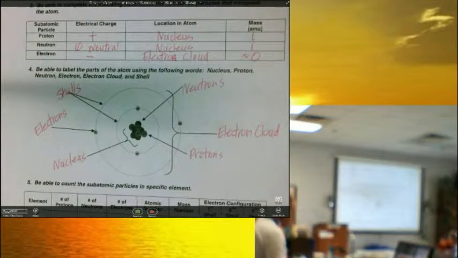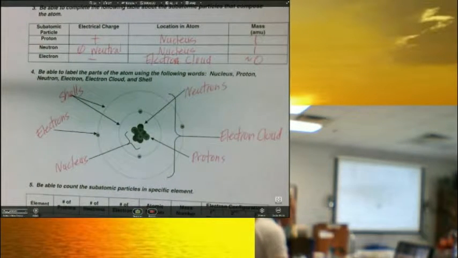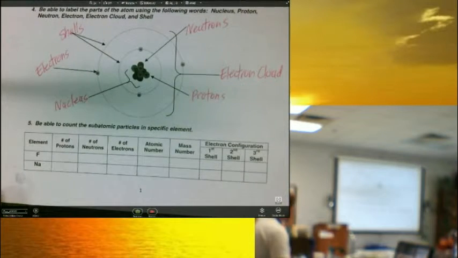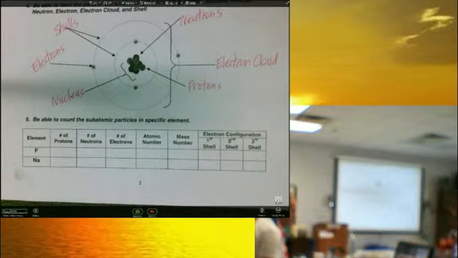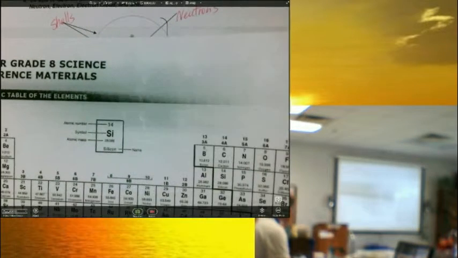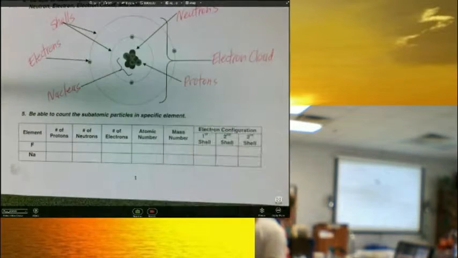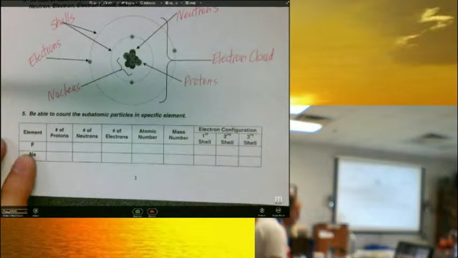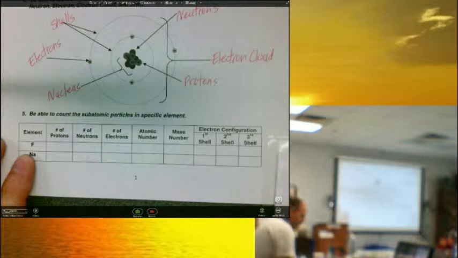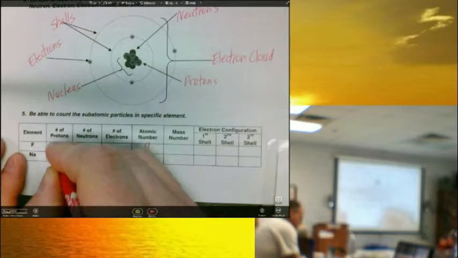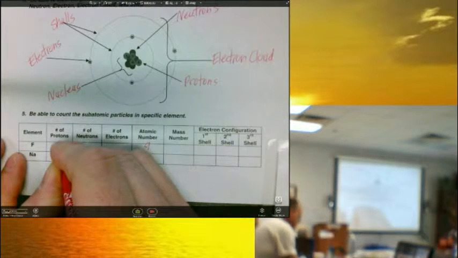Okay, number 5, you should be able to count the subatomic particles in specific elements. You, of course, would need your periodic table. In order to do this, you find the elements on the periodic table and then you copy the information down. So, for example, fluorine on the periodic table, its atomic number is 9. That means its protons and electrons are 9.